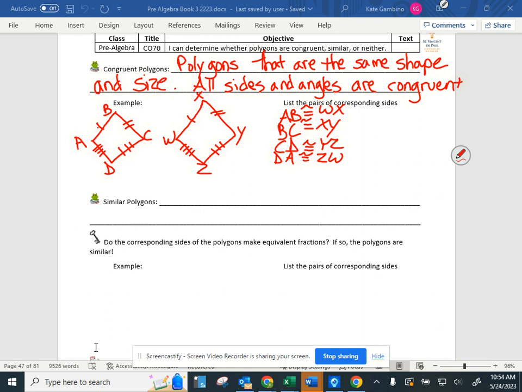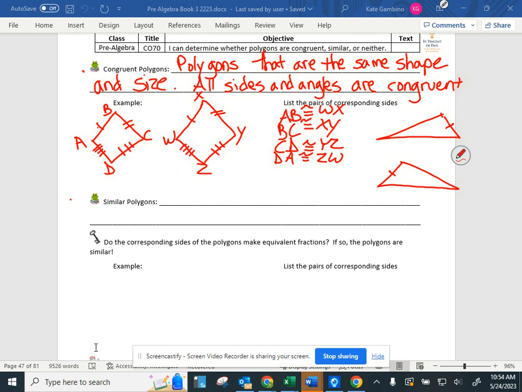Sometimes you might be given a triangle like this, and we have to match it up with a triangle like that. You have to flip it so your short side matches up with your short side, right? So you always have to look: does it straight up match up with each other, or do I have to flip it to match up my short side with the short side? So congruent, they're identical, same shape, same size.